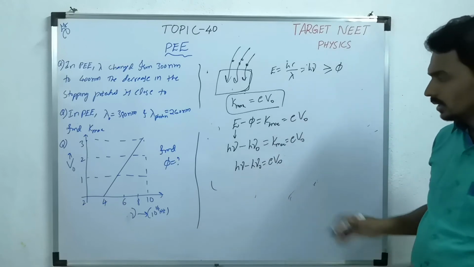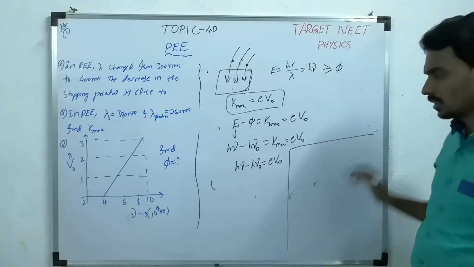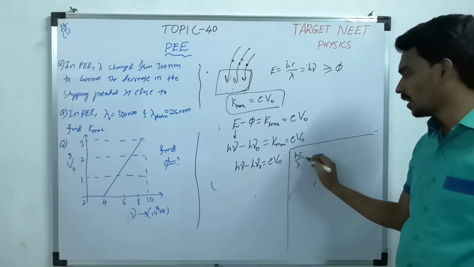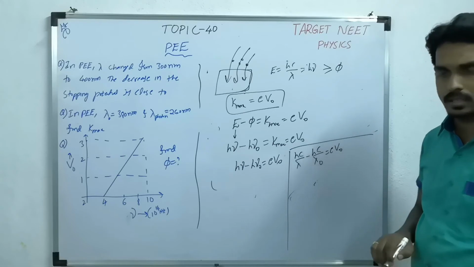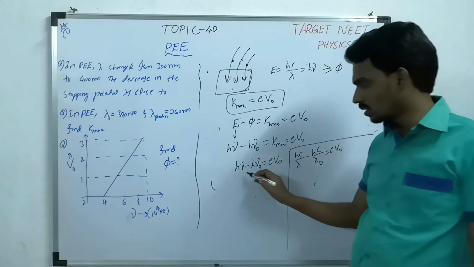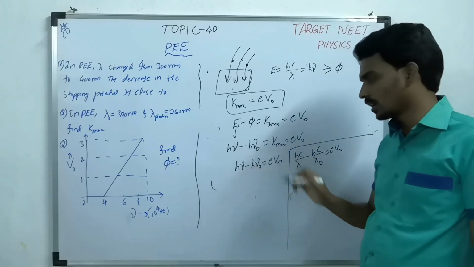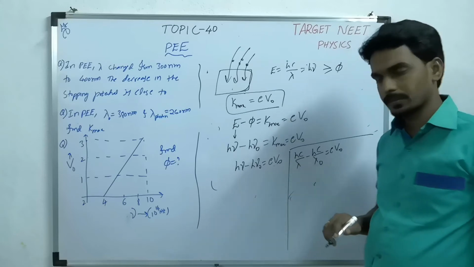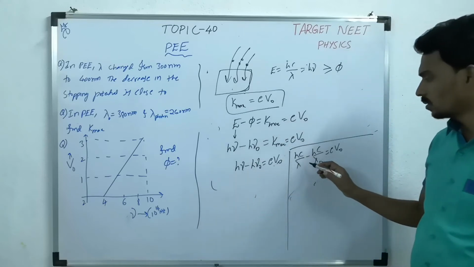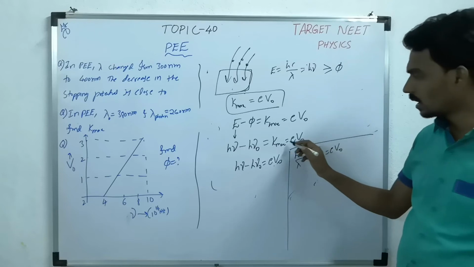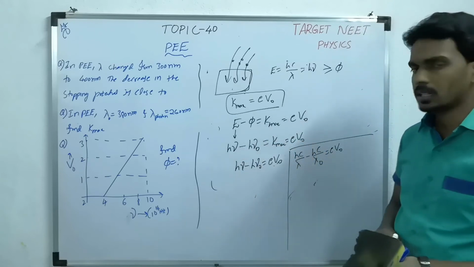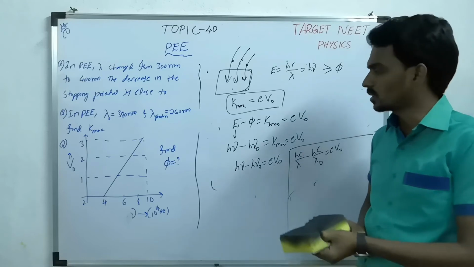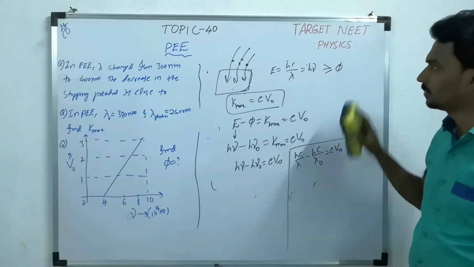Or the other equation you can write is hc by lambda minus hc by lambda naught equal to eV naught. So they can ask you to draw the graph between frequency and V naught, or the graph between kinetic energy maximum versus frequency. So like that, graph based questions also they will ask you.